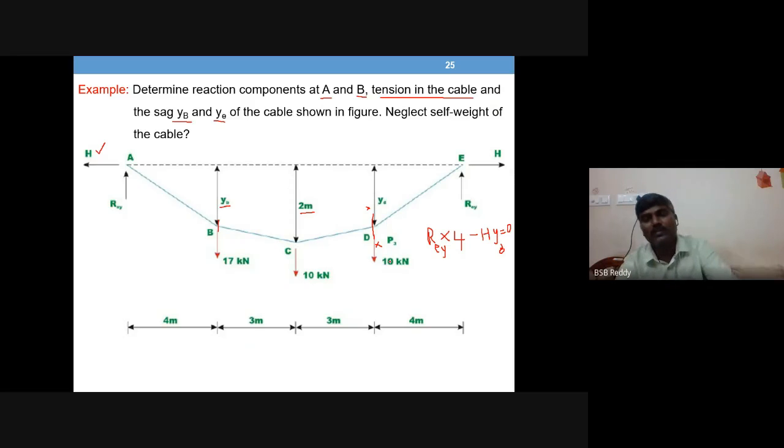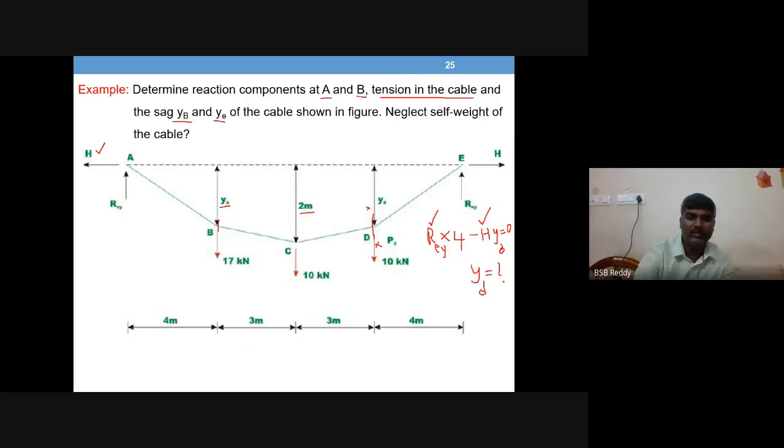Why are you writing 0 even when you take a moment at section D? Because anywhere in the cable, bending moment is 0. You take any point on the cable, because the cable has only tension, shear is 0, bending moment is 0. So now you know REY value and H value, substitute, get the YD value.